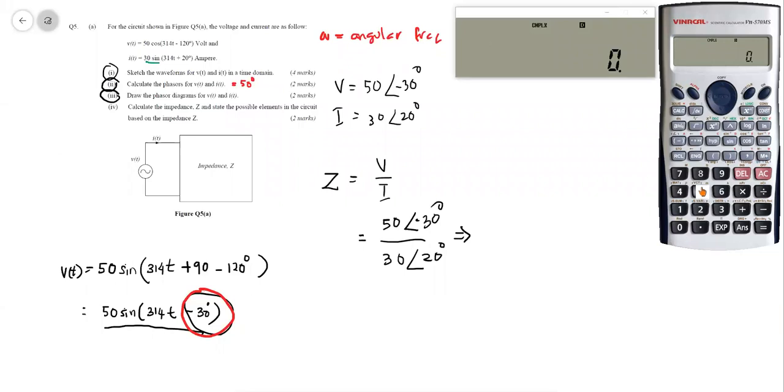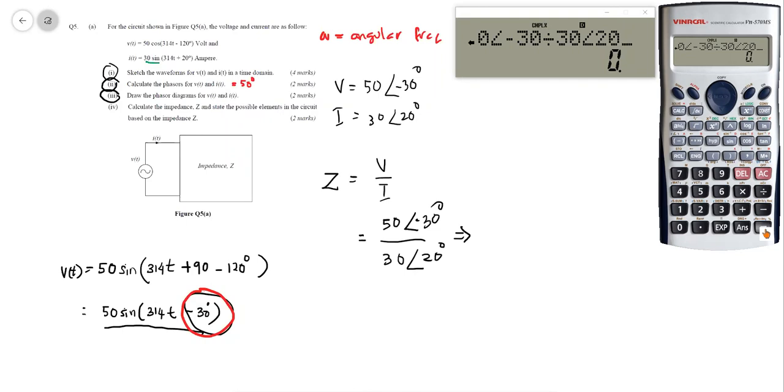Then just type 50, then angle shift, then negative 30, over 30, angle shift, 20.